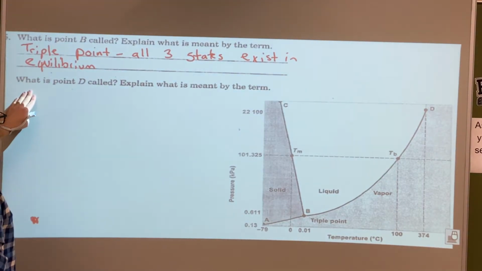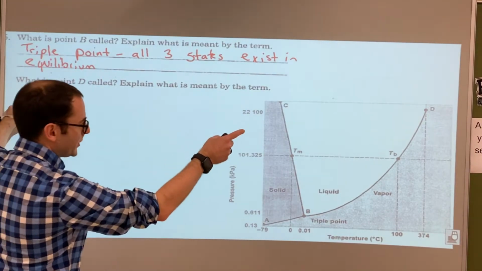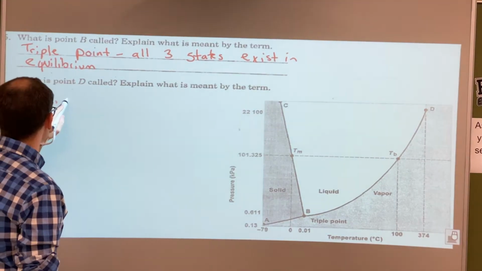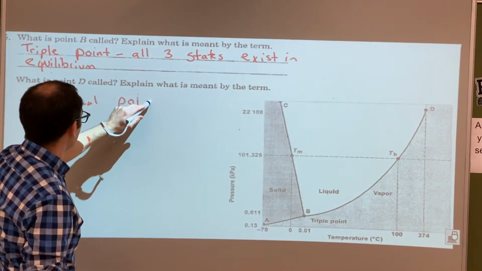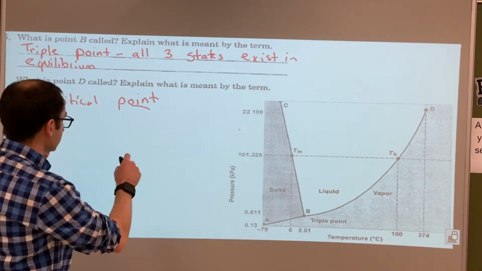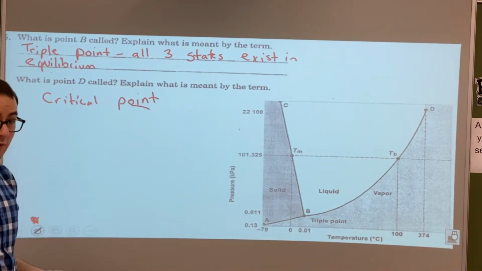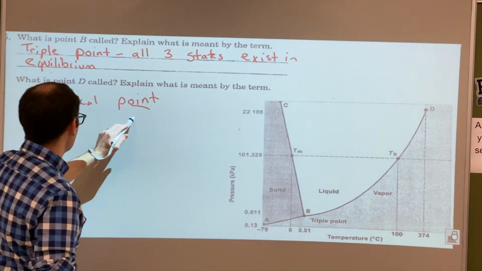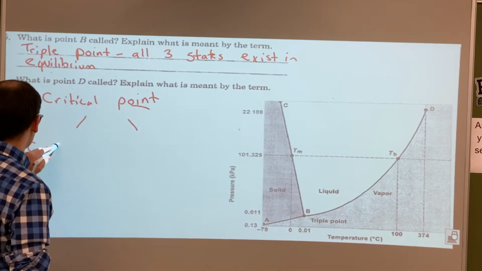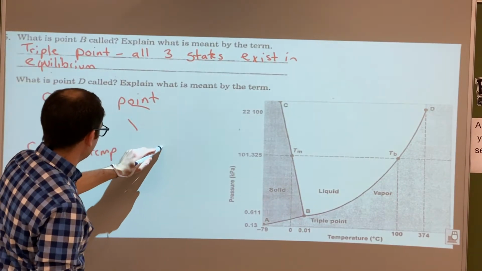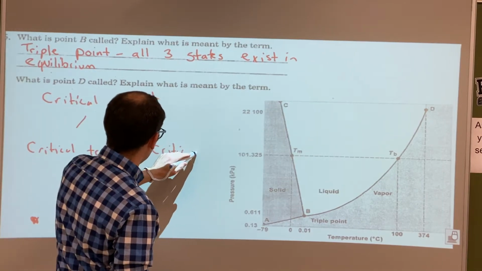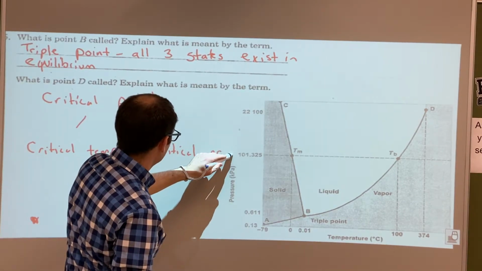All right, what's point D called? All the way up there, it's the highest, it's gonna be the critical point because it's also going to have a critical temperature and a critical pressure, all right? So this will break up into critical temperature and then the critical pressure.